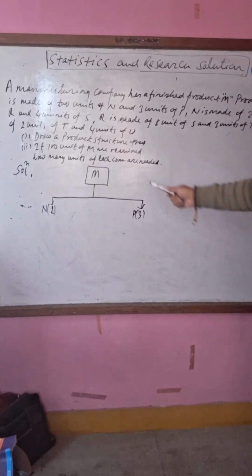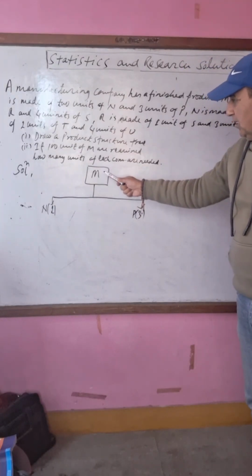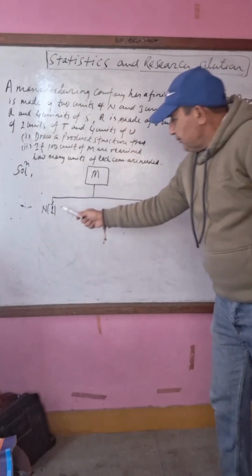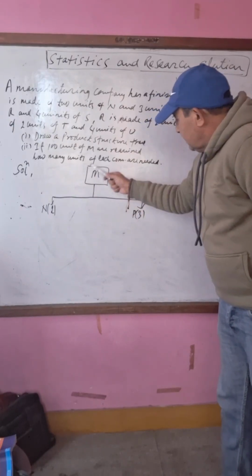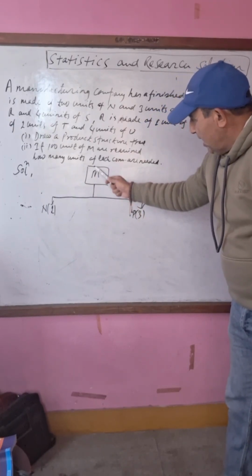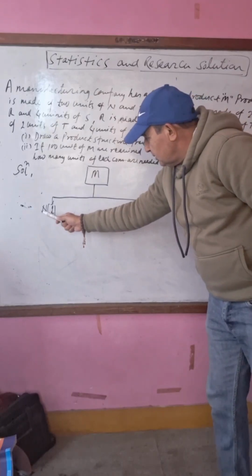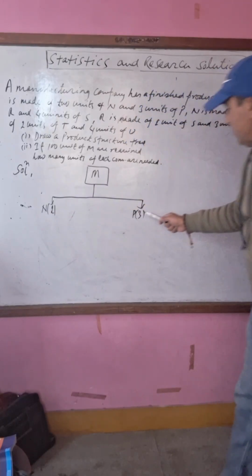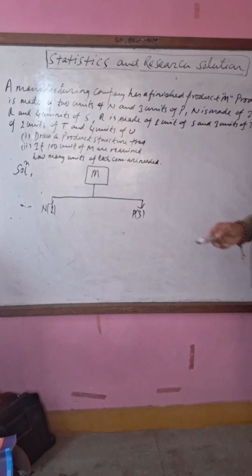For 1 unit of M, how many N do we require? 2. How many P do we require? 3. That is given.